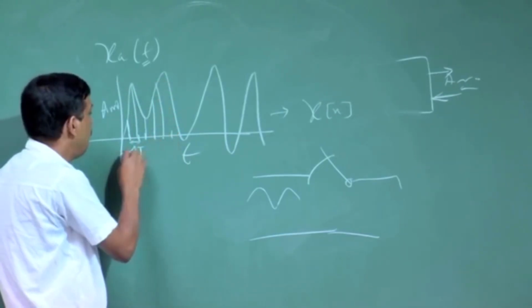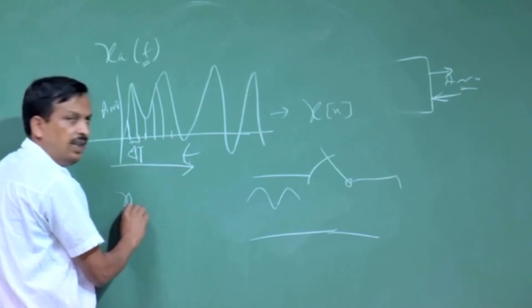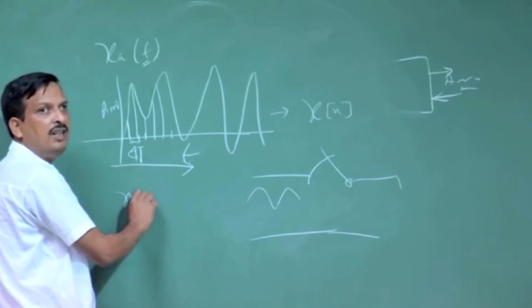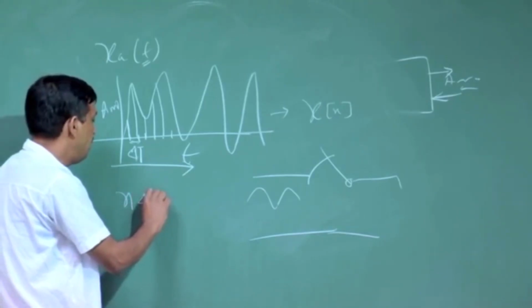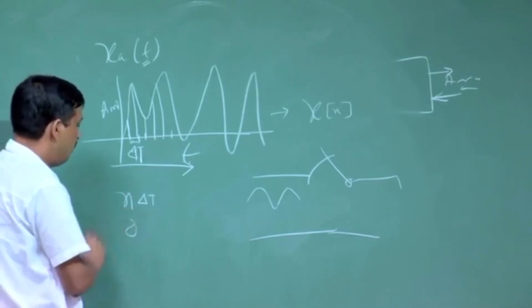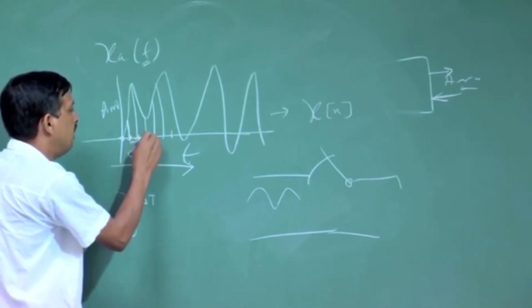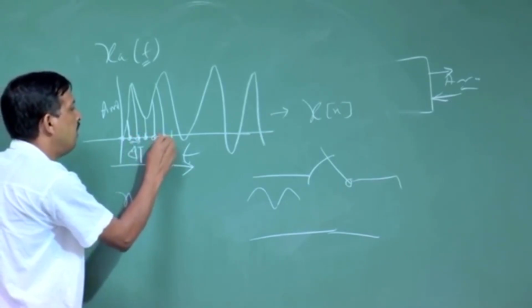So, I am converting the continuous t to nT with a duration of delta t. So, n equals 0 means here, 1 means here, 2 here, 3 here, 4 here, 5 here.